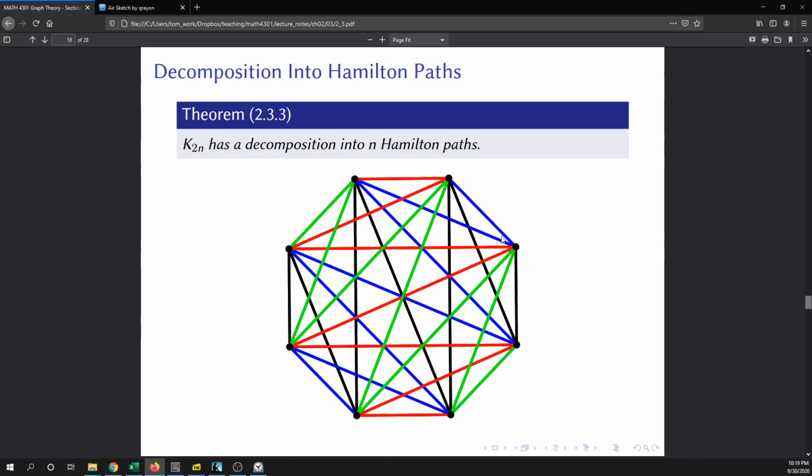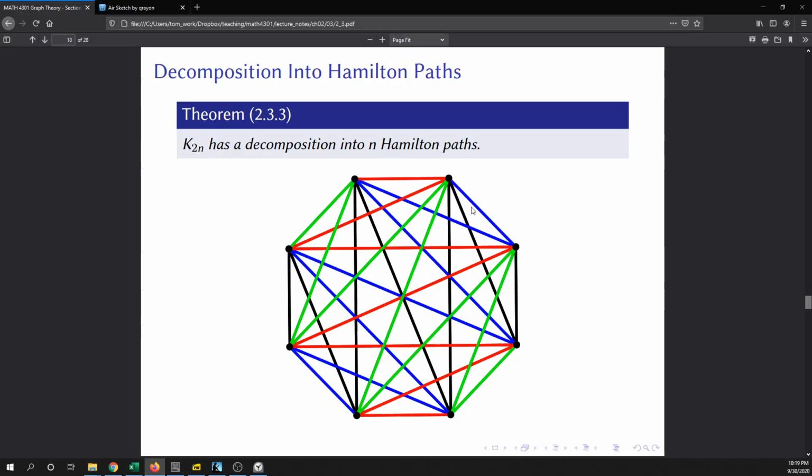So you can see here's the blue one. You can see it touches every vertex. The green path as well. All right, and then the red and the black one.